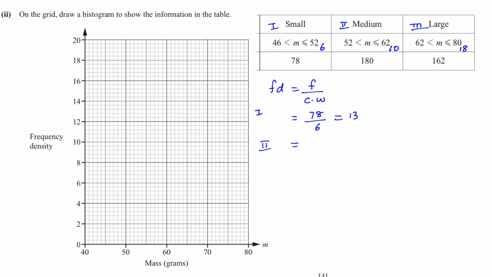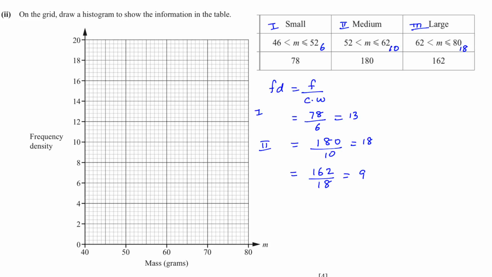And for the medium, 180 divided by 10 will give you 18, and 162 divided by 18 will give you 9. Now that we have got our frequency density, we can start plotting the histogram.